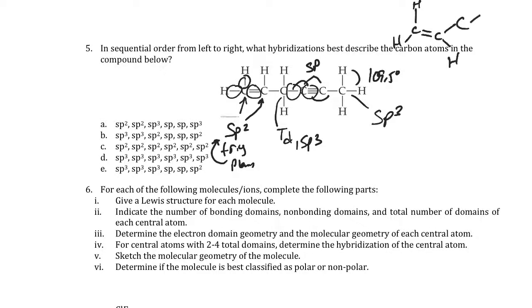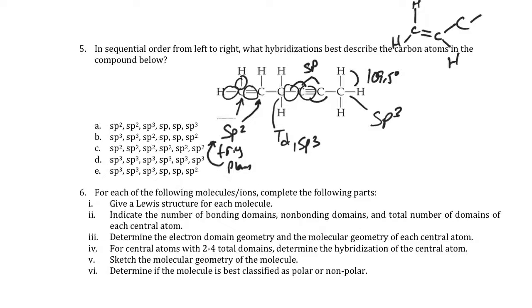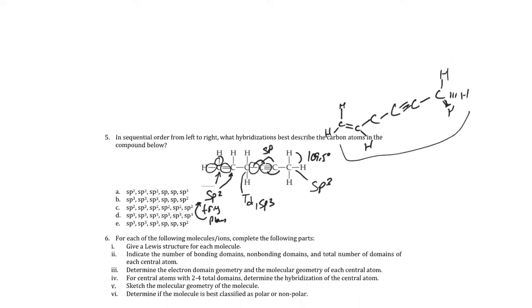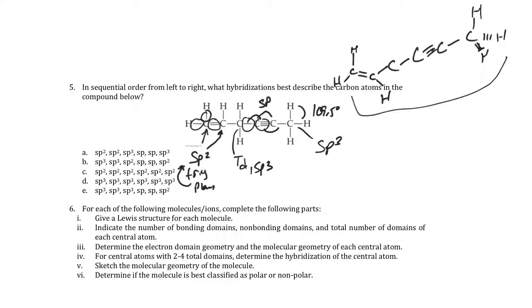And then if you continue with the structure with this approach, you come up with something that looks like this. So the real structure of the molecule looks something more along the lines of this in terms of its 3-dimensional shape. So to answer the question, we go sp2, sp2, sp3, sp, sp, sp3.